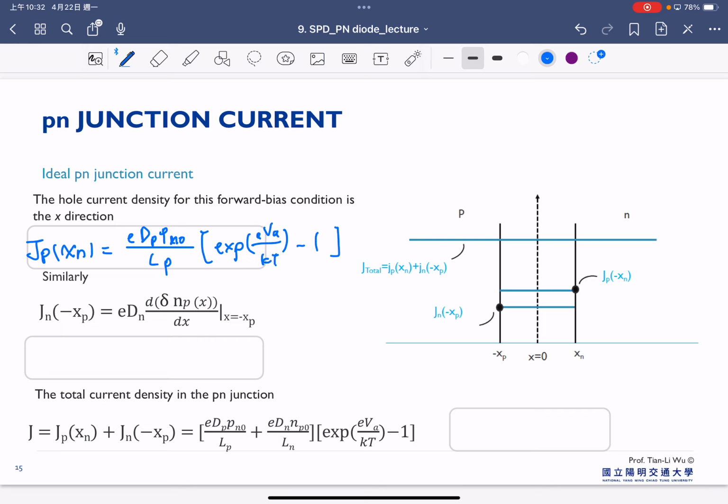So similarly, the current can also be expressed as Jn at minus xp is equal to this one.